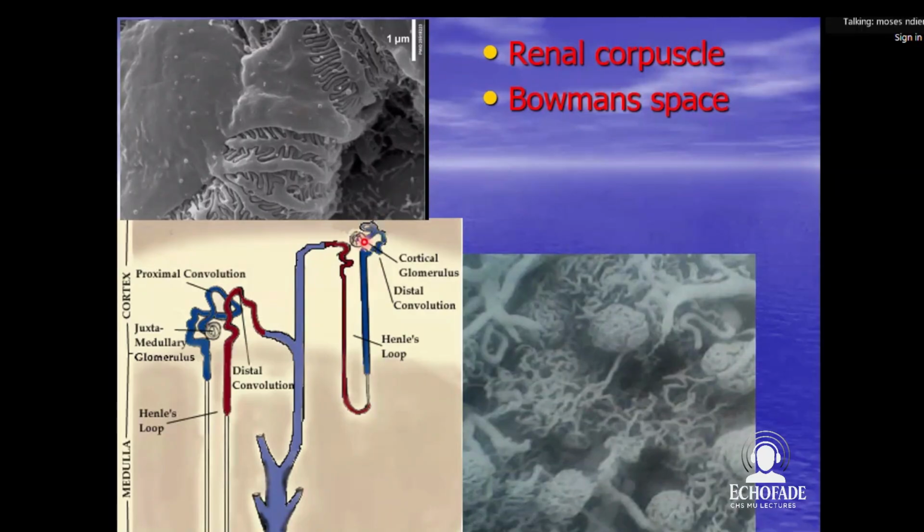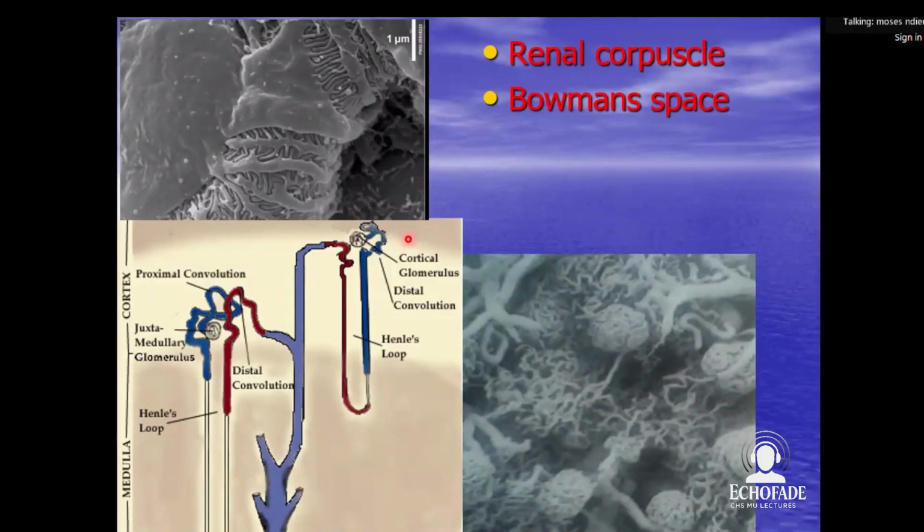The area where it leaves to the proximal convoluted tubule is what we refer to as the urinary pole. So we have a vascular pole and a urinary pole, and urine passes to the proximal convoluted tubule.